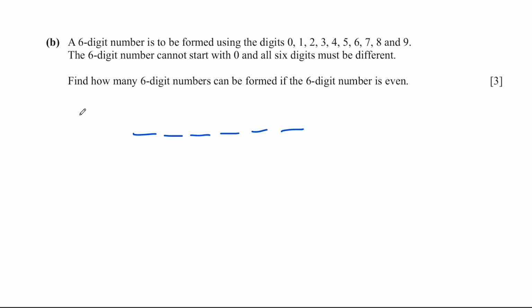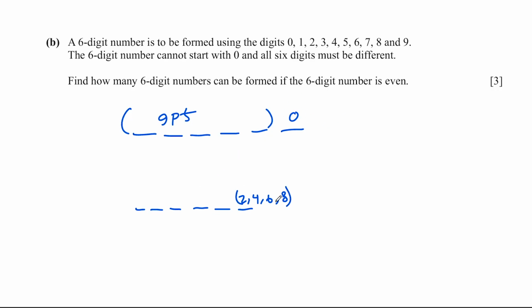We need to separate the cases where 0 is behind or when 0 is not behind. Right, so these are the two cases that we need to consider. So if 0 is at the end, this will be simple. It will be just 9P5 at the front here. So these all are free for all. And the number will still be even because behind is 0.